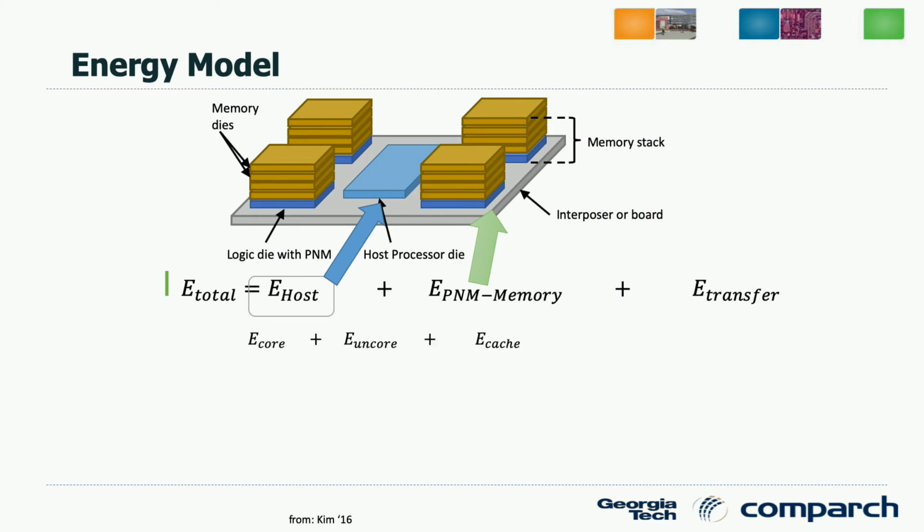Then host energy can be broken down into the core energy and on-core energy, which means caches and other components. Core compute energy is mainly determined by whether the core is active or idle.